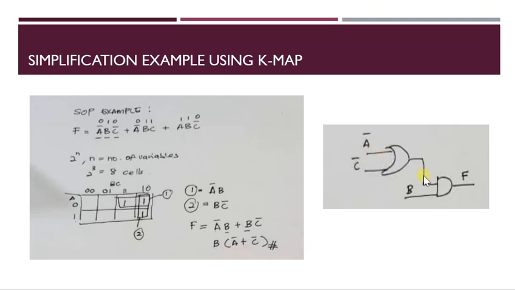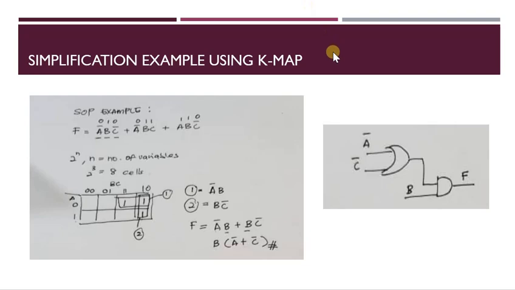The OR output is connected with input B using the AND gate. This is how you draw the graphical representation based on the simplified equation from the SOP example.